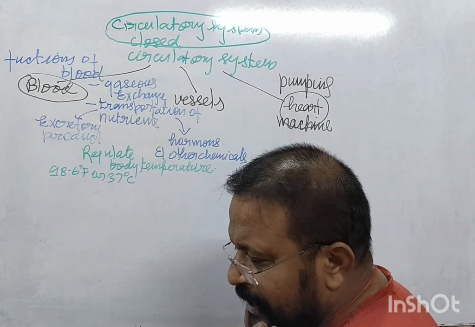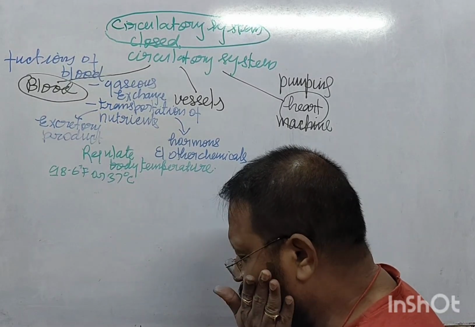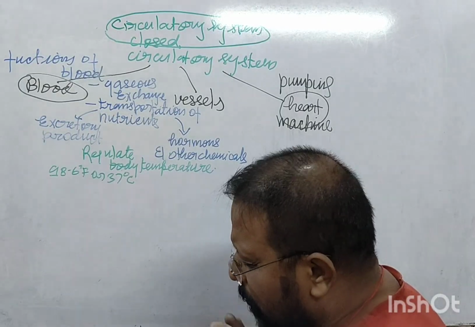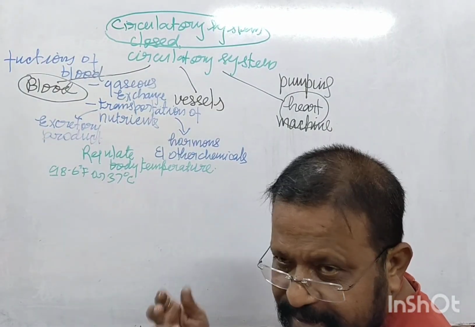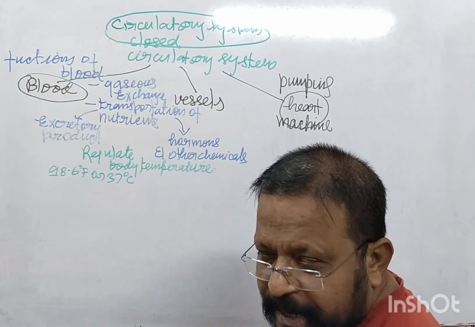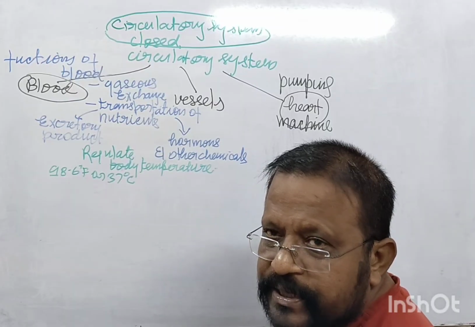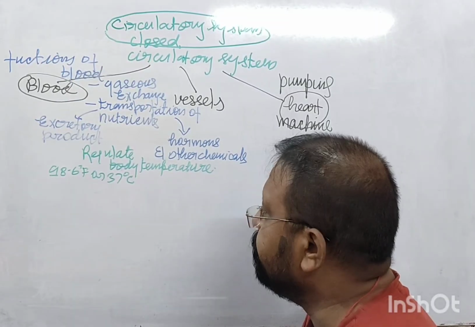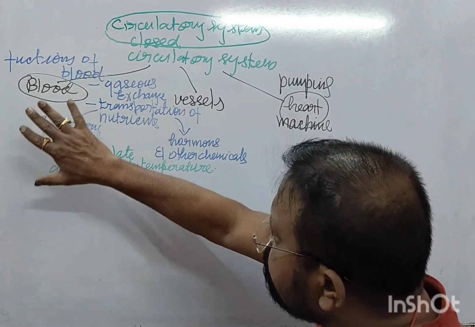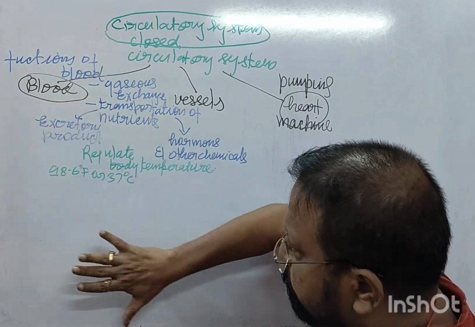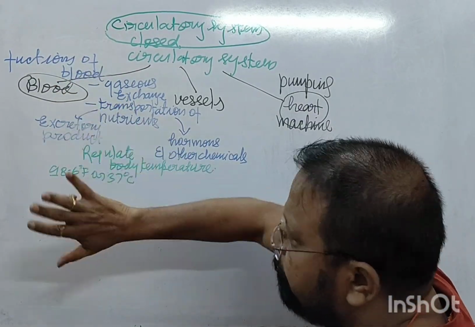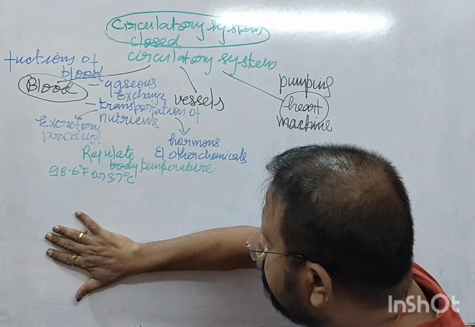Generally it does not go down, generally it rises, and we call that condition fever. Fine. So these are the 5 functions of blood.